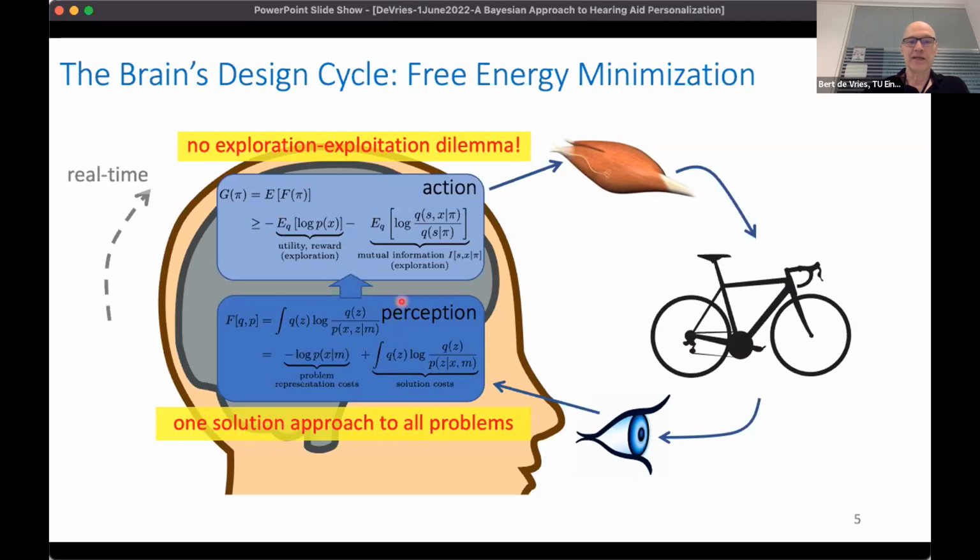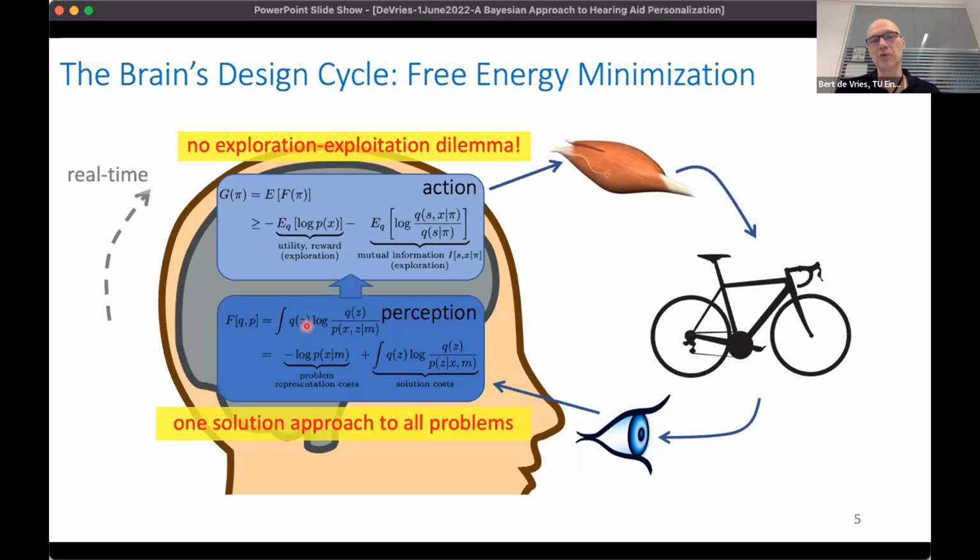In the brain, this process of action perception works on every problem. So in the beginning, my actions are mostly tailored towards getting observations that allow me to learn how the world works. And then once I have a model of how the world works, I can predict how the world works under my actions, and I can keep myself upright.